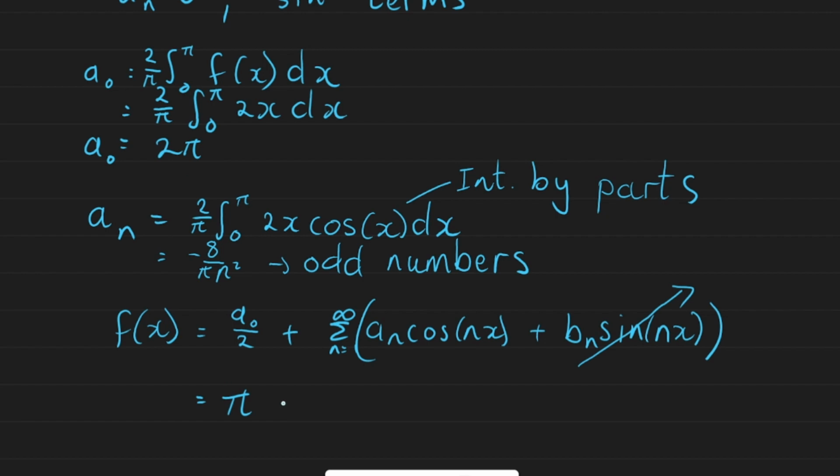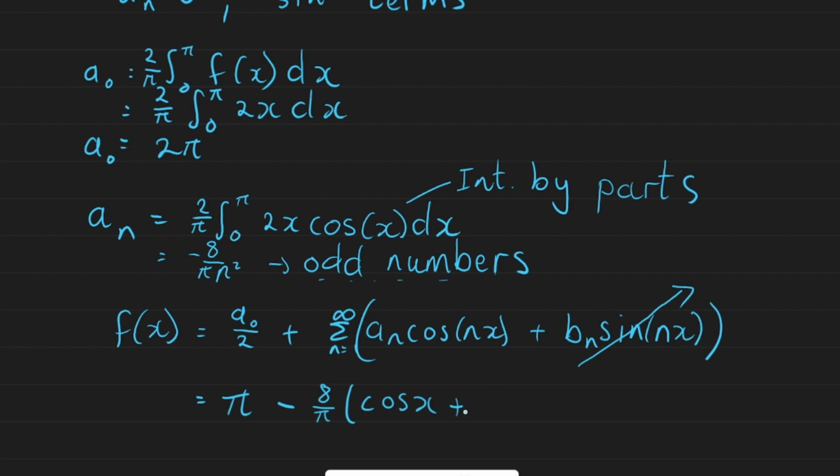And then the remainder is minus, and then an was minus 8 over pi n squared, so we can take out 8 over pi as a common factor. So we have 8 over pi, and then we just write the cos terms. So we have cos x, and remember we have 1 over n squared, so it's only valid for odd numbers as well. So we have 1, then the next number is 3, the next odd number.